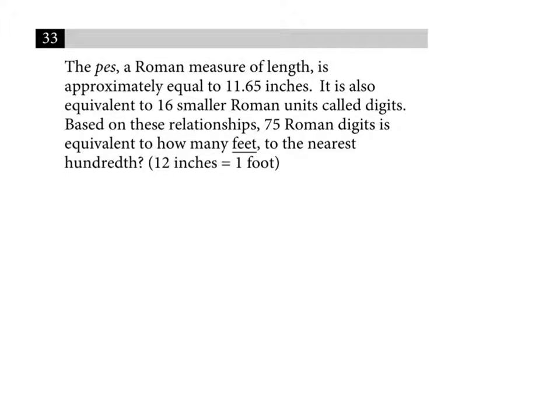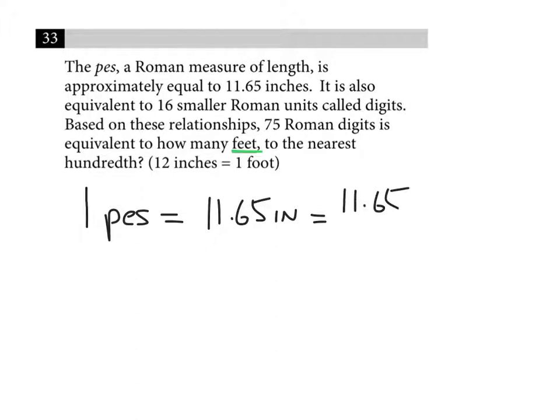Problem 33, the pes, hopefully I'm saying that correctly, a Roman measure of length is equal to 11.65 inches. So 1 pes is equal to 11.65 inches. The question is asking about feet. So 11.65 inches is the same as 11.65 over 12.